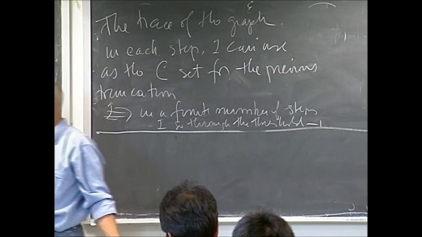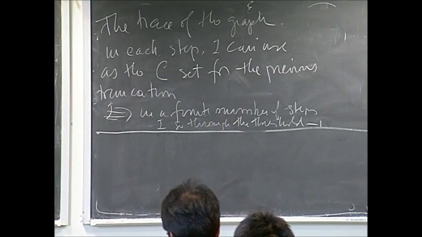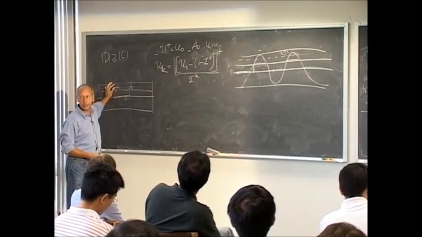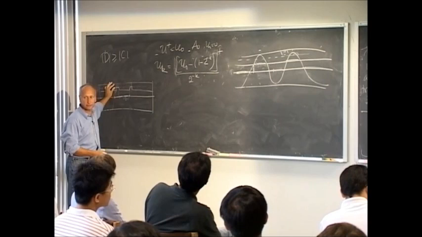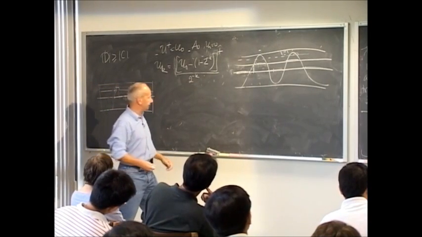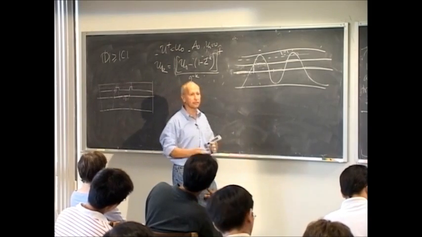And that completes the proof, because I started here with measure 1/2, and after a finite number of steps, I get that this strip has to be clean in the ball of radius 1/2. Okay?